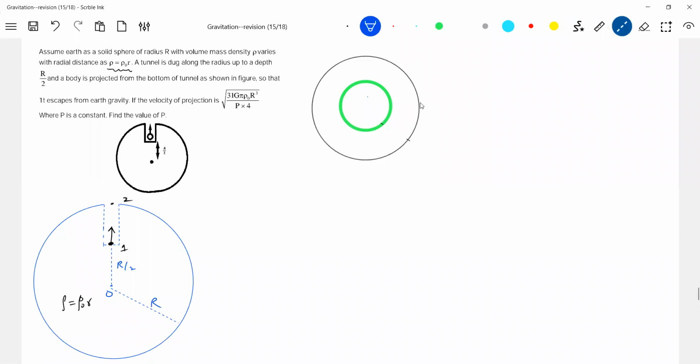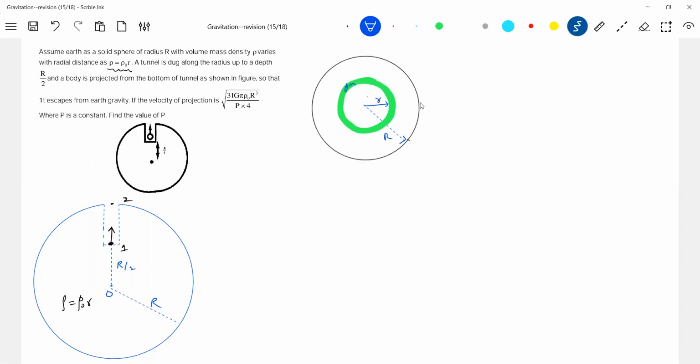Let's get into this one. This is the center. So first we should calculate the field inside the sphere of radius r. Then I'll come to the problem. First, I think we should manage with this.